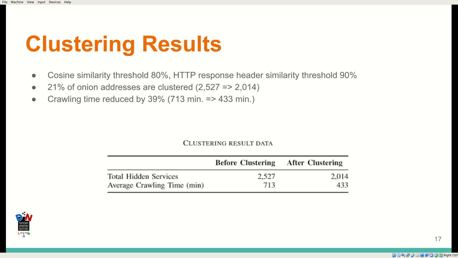Crawling time was also reduced by 39%, from 713 minutes to 433 minutes.